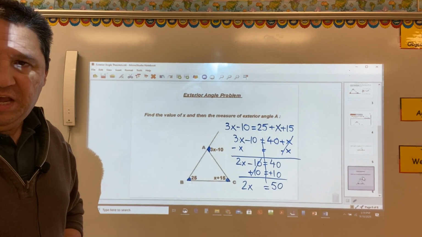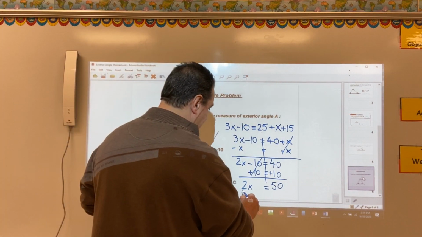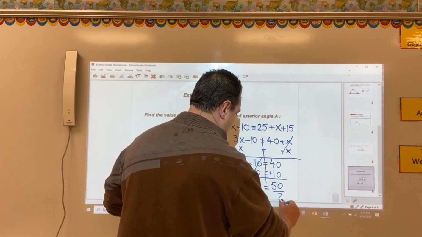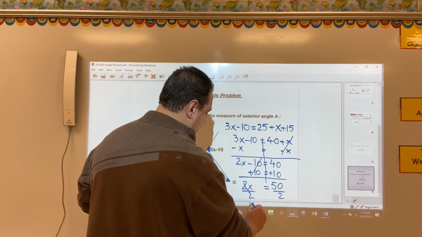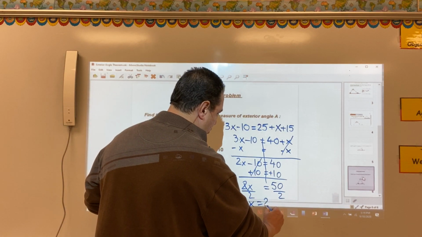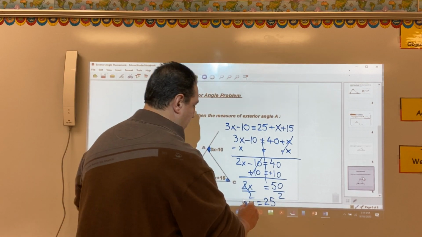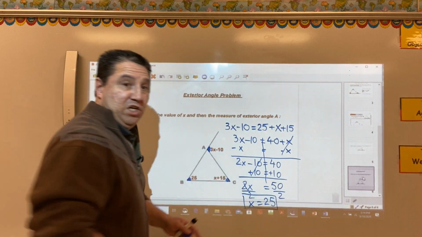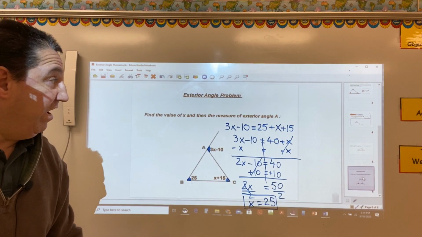Then, to get x, we divide by 2 on both sides. And we get x equals 25.